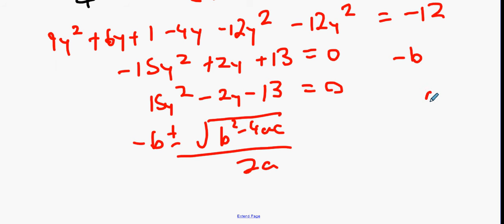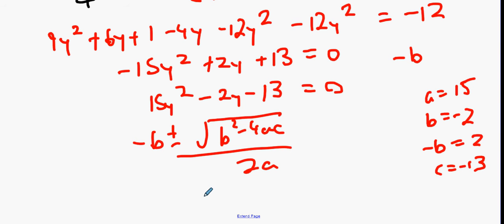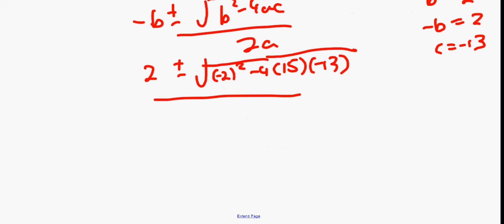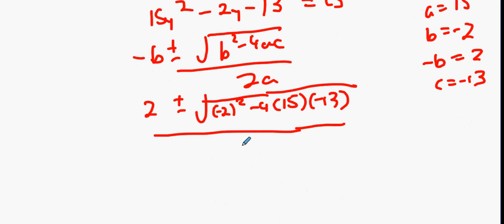A equals 15, b equals minus 2, minus b equals plus 2, c equals minus 13, and you'll get 2 plus or minus the square root of minus 2 squared minus 4 times 15 times minus 13, and that's got to be all over 2 times 15. And when you throw all that at the calculator, you'll get 2 answers. You'll get y equals 1 or y equals minus 13 over 15.